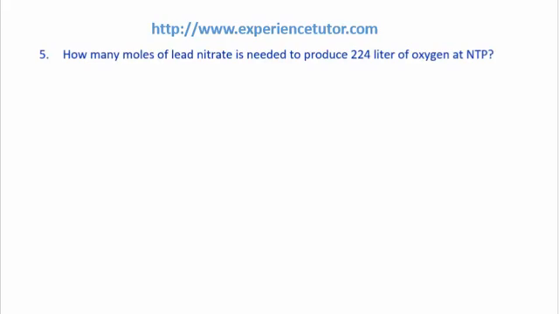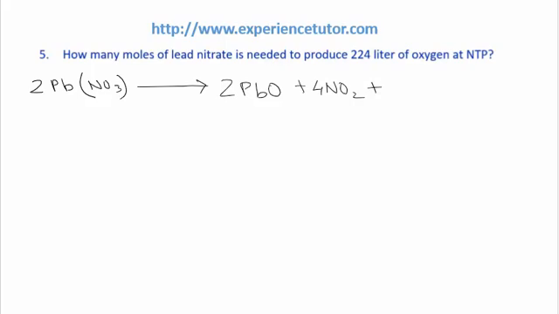Here, first we have to write the equation. 2PbNO3 gives 2PbO plus 4NO2 plus oxygen.